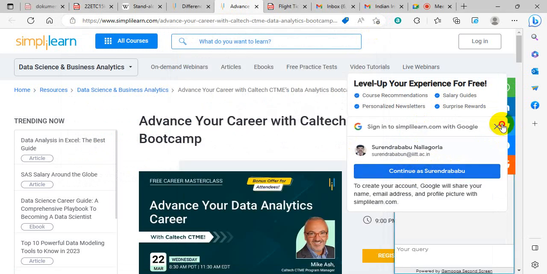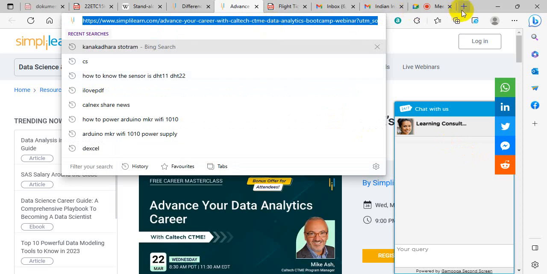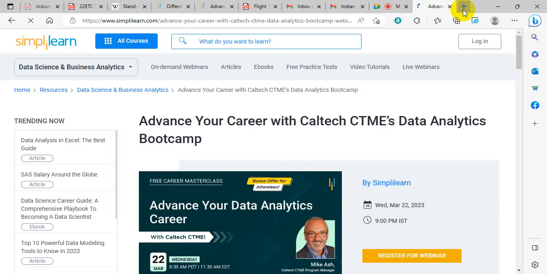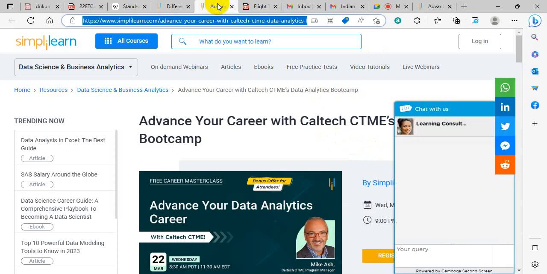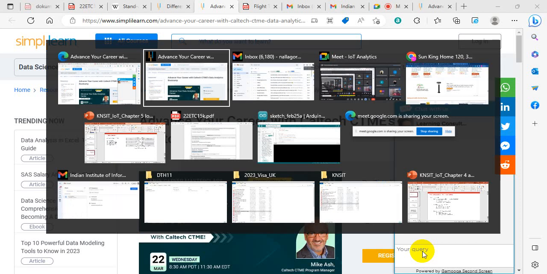When I log in here and open this page, someone will immediately come and ask you for some information. It's not coming now, I don't know the reason. I think this person is not available here. But it is asking, do you need any help, something like that. This is this kind of machine learning. Based on your input, it will give some kind of guidance to you.